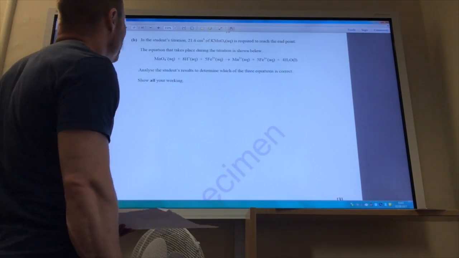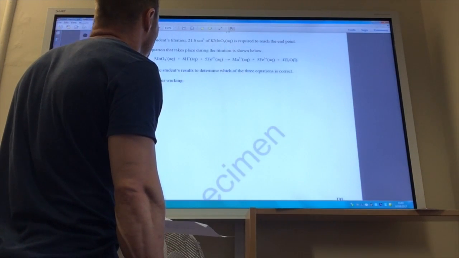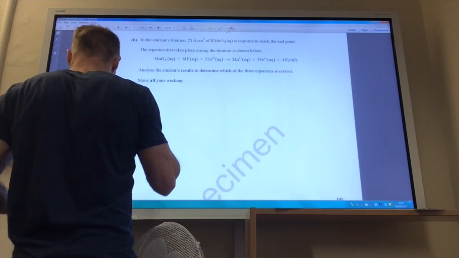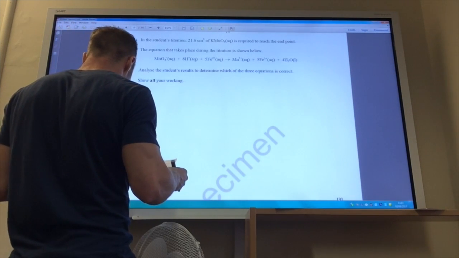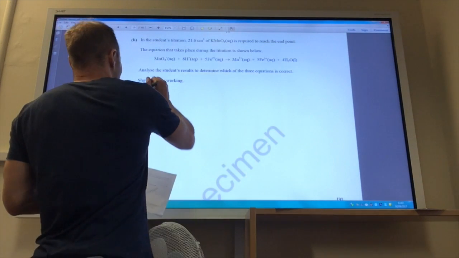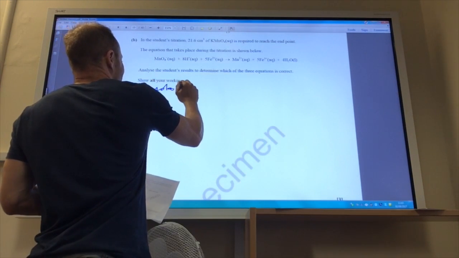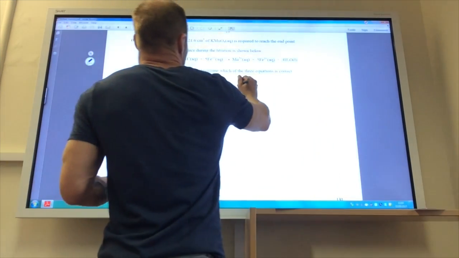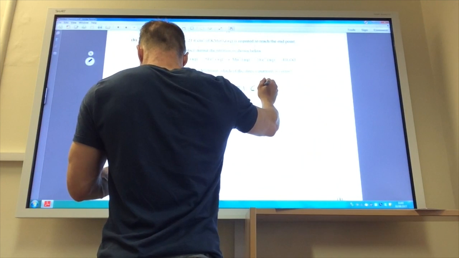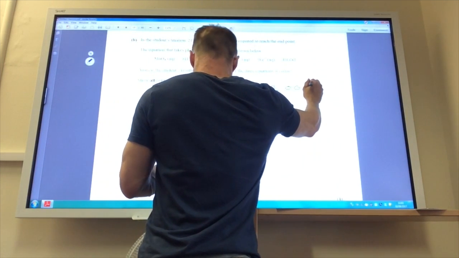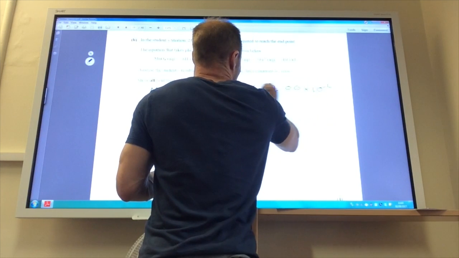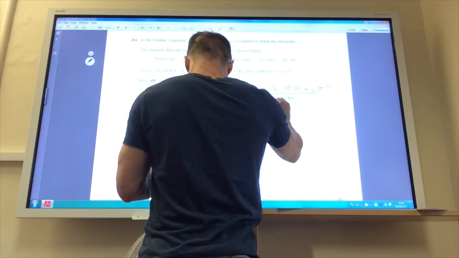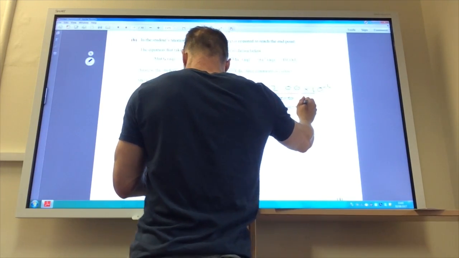Right, so time for the old mole calculation now. Give me the actual figures, and I need to determine which of the 3 equations is correct. Let's first of all work out the number of moles of potassium permanganate. Moles of MnO4- is going to equal the volume times the concentration, which they told me is 2 times 10 to the minus 2, over 1,000, and that gives me 4.32 times 10 to the minus 4.